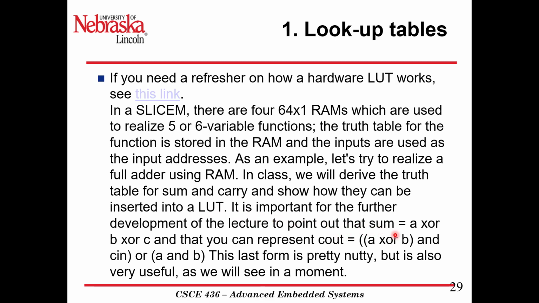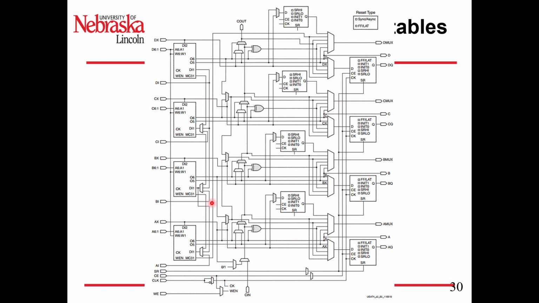It'll be important to point out that sum is going to be equal to A exclusive OR with B exclusive OR with C, and that is for an actual full adder. You have A, B, and C, and you're going to exclusive OR each of those, and carry out can be represented by A exclusive OR with B and C in, or A and B. So that's just some of those basic logic functions that we learned about before. So again, you've got your 4 lookup tables, 1, 2, 3, 4, or A, B, C, D.